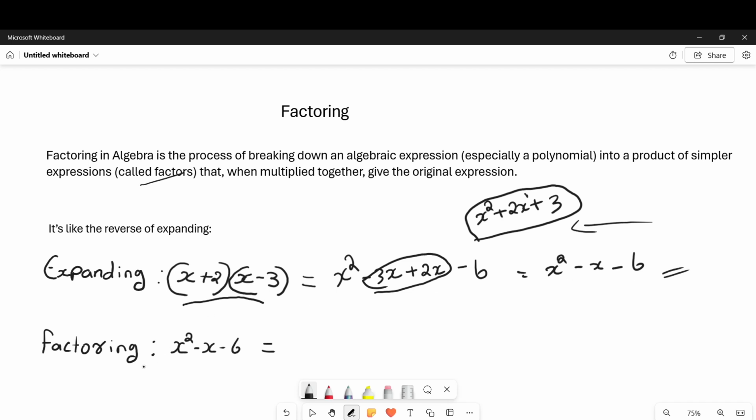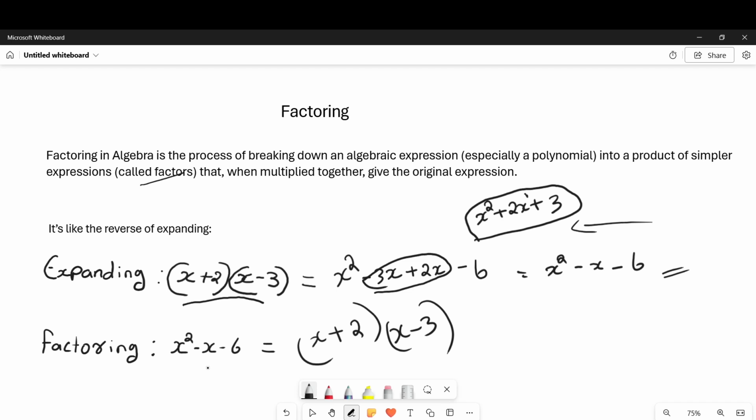What is factoring? Factoring means we have a polynomial expression like this, and we need to factor it into a product of two similar terms. When factoring it, we get the answer x plus 2 and x minus 3. These are the two factors of this polynomial expression.